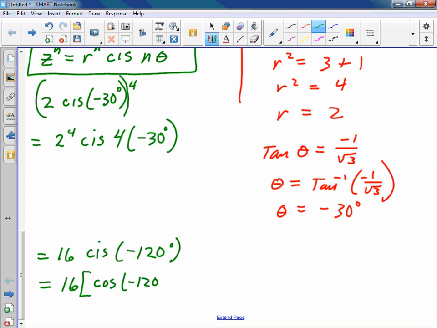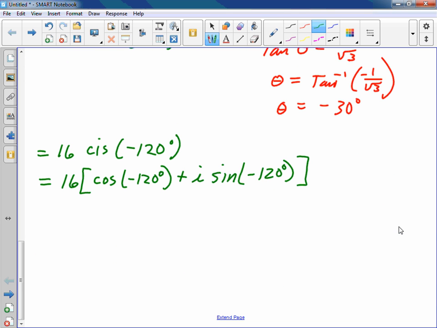There's the c part in cis. Plus i, imaginary number, times the sine part of negative 120 degrees. And 16, note, is outside, so we have to distribute that throughout at some point.